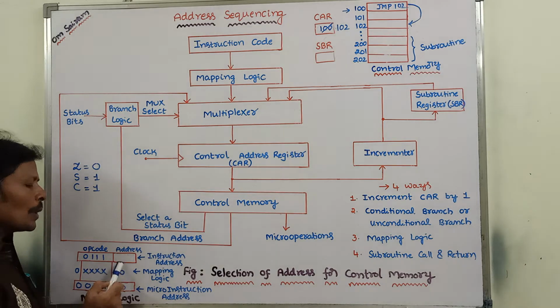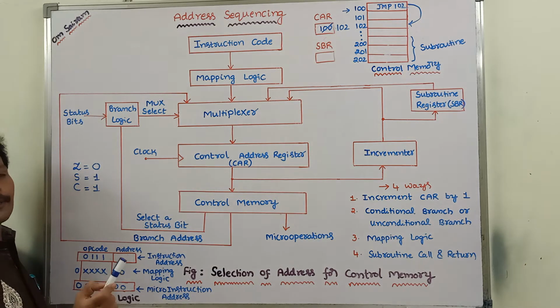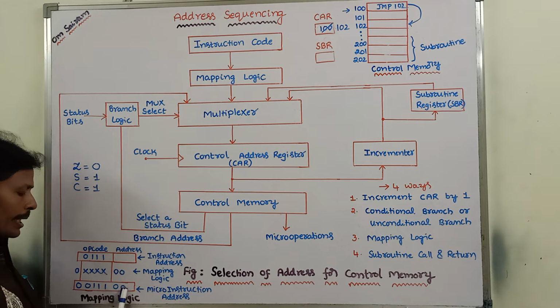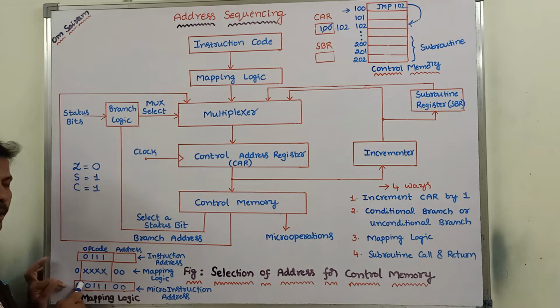The 2 least significant bits of the control address register can be cleared. So here we are getting these 2 zeros, this most significant 0, and these 4 opcode bits. So in total a 7-bit micro instruction address.